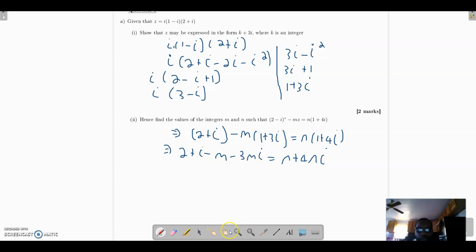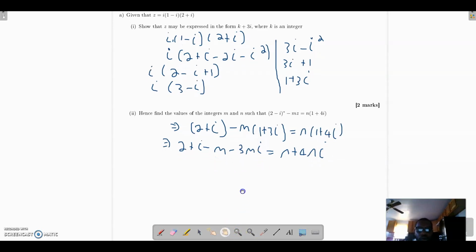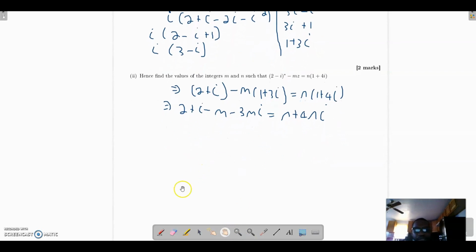All right, let's get some space here now. Now, if we were to group the real parts, here on the left, it would be 2 minus m. All right, putting the imaginary parts together, we have i and we have minus 3mi. So what I can do is to have (1 - 3m), and we'll put the i there.